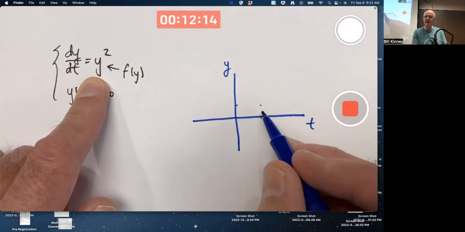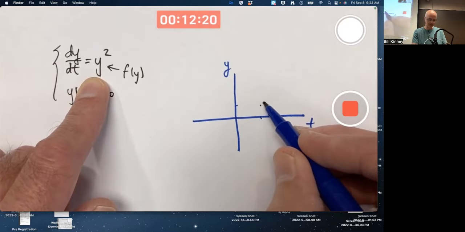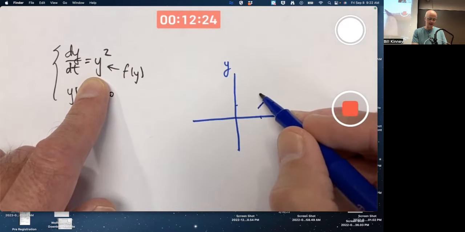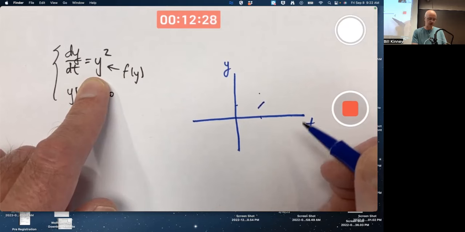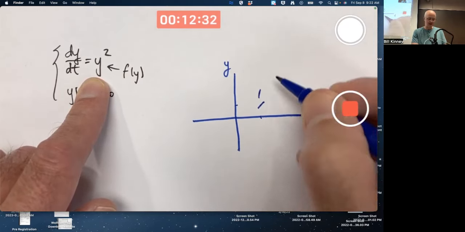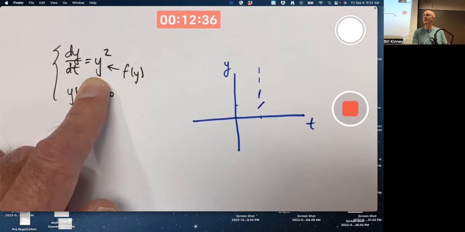Now, if the y coordinate of that point is, say, 1, that means the slope will be 1 squared, 1. If I go up to a point where y is 2, 2 squared is 4, so you draw a line with a slope of 4. And those lines are just going to get steeper and steeper as you keep going up.